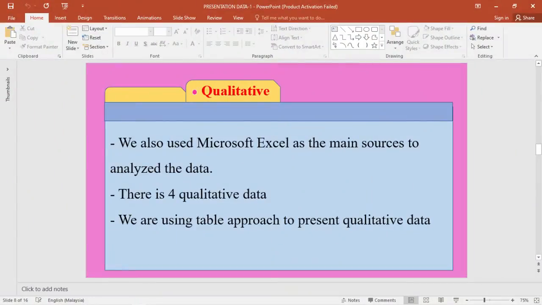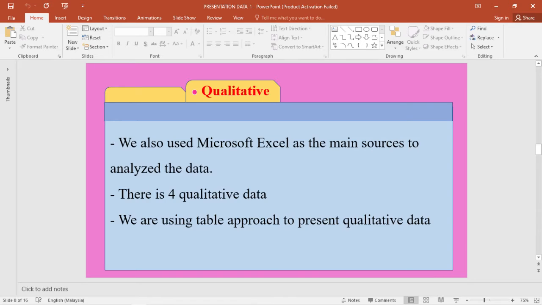So, let me proceed with the qualitative. We also use Microsoft Excel as the main source to analyze the data. Same as with the quantitative, Microsoft Excel is much easier for us to gather and analyze the data. As we know, qualitative data is a type of data that describes information because it is categorical and unique to one individual.